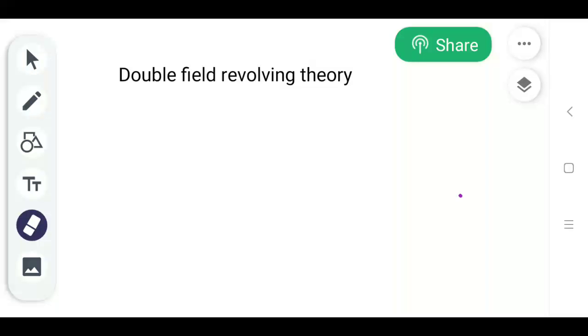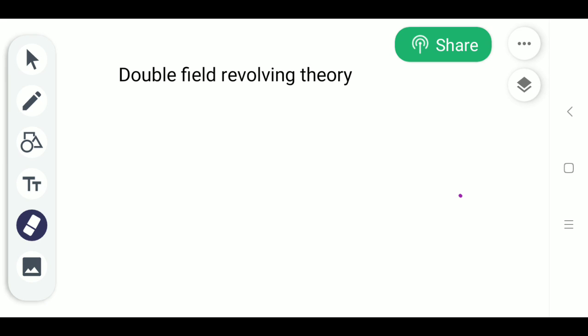This lecture discusses the double field revolving theory, which is used to explain the non-self-starting behavior of a single-phase induction motor having simple single-phase winding.